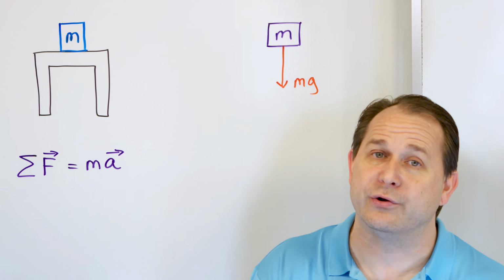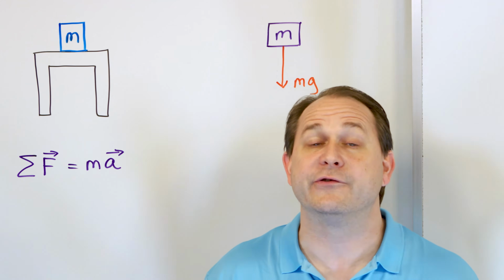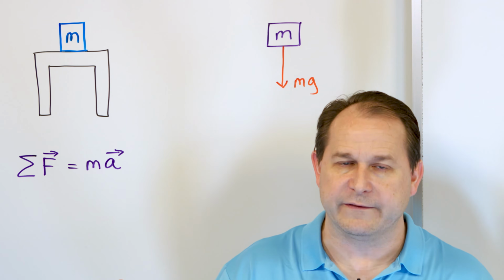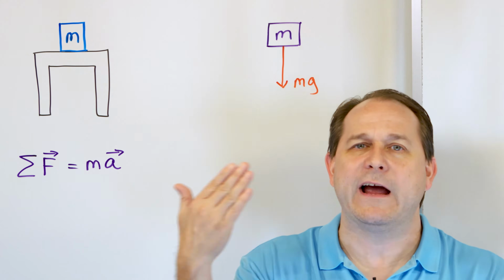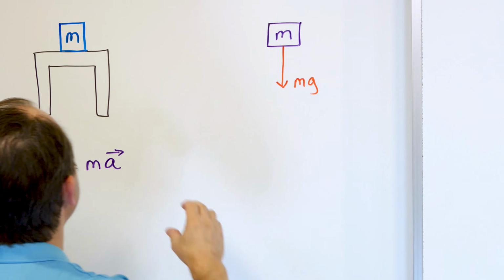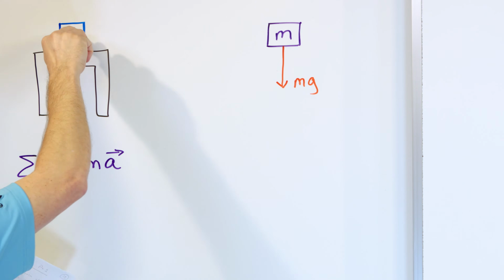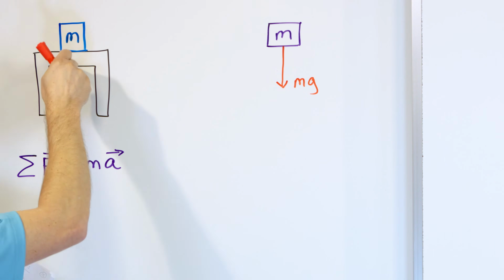You see, we already learned from Newton's third law of motion that for every action there is an equal and opposite reaction force. But the action and the reaction forces do not act on the same object. They always act on the partner object. So for instance, when this box is sitting on the table, we know there's a force due to gravity. That's the force of the earth acting on the box.